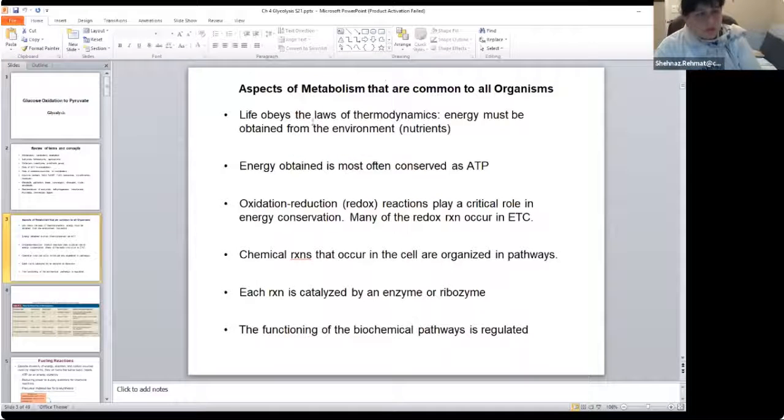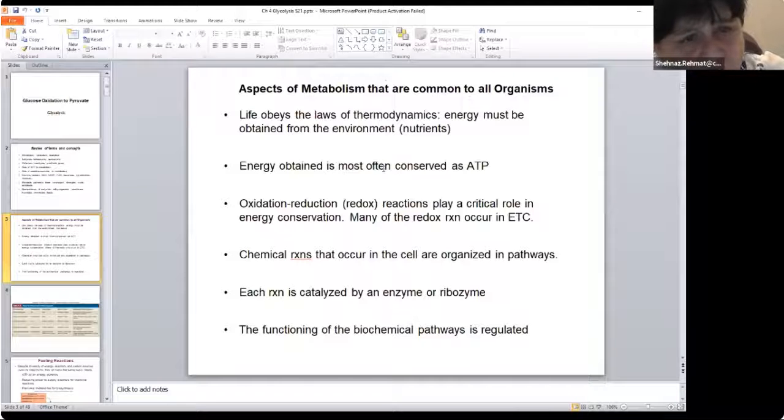Okay. So what is the aspect of metabolism that is common in all organisms, whether they're bacteria or any? So we have the laws of thermodynamics. That means energy must be obtained from the environment, which would be nutrients. That means energy cannot be created until you feed the bacteria or the cell with nutrients, right?